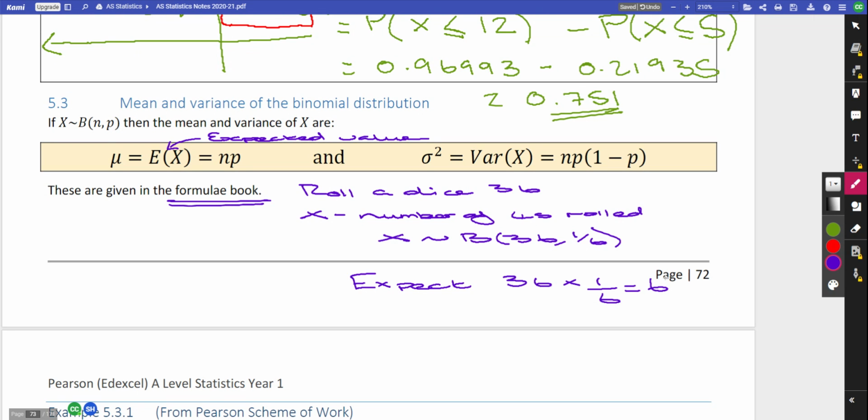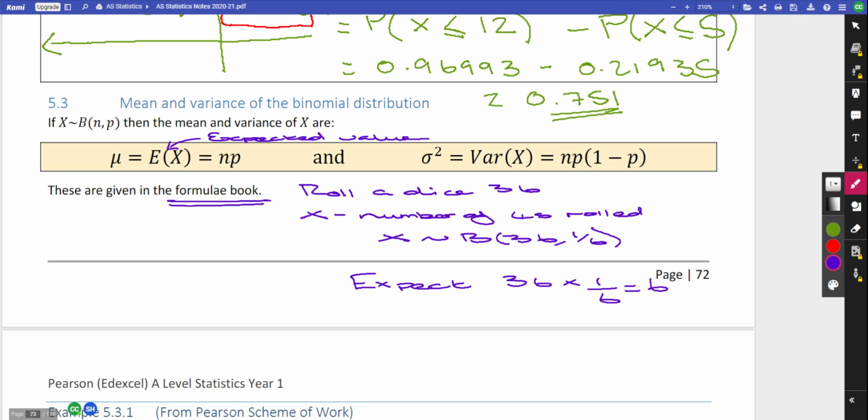Now, if you just think about that logically, if you've got a fair dice and you roll it 36 times, you would expect that you would get 6 of each number if it was working fairly. Now, you will have looked at that at GCSE in terms of relative frequencies doing exactly the same job. So what the expected value is saying is that if that probability is correct and I do a sample, what if it worked perfectly and followed that model perfectly, what would be my expected value?